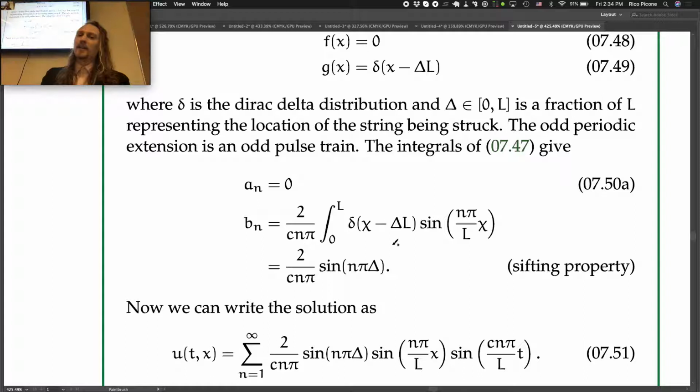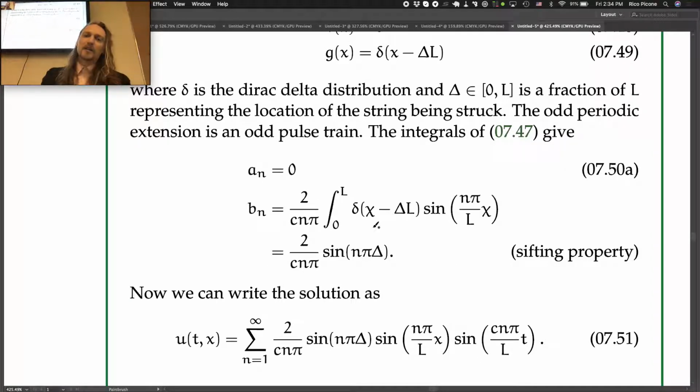The integral uses the sifting property of the Dirac delta function: the function that you're multiplying the Dirac delta function by is evaluated at the value of chi, in the d chi integral, where the delta has its impulse value.